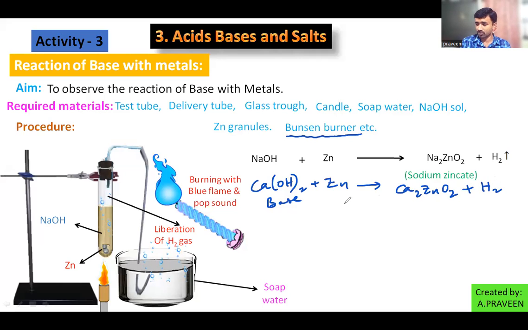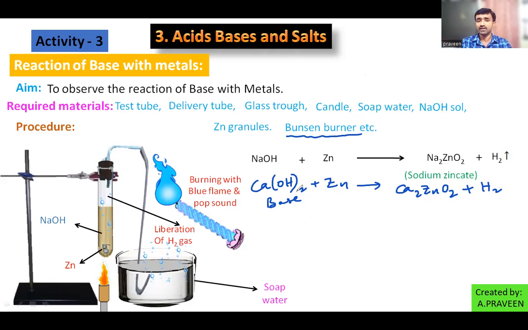If you take one more, aluminum hydroxide, Al(OH)3, with a metal, or another possibility, zinc with calcium, many are there; you can take any other. Search for them, I'm not giving them to you.